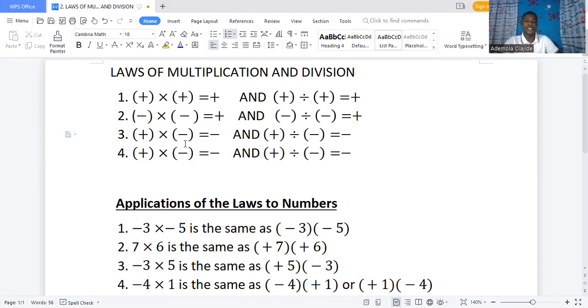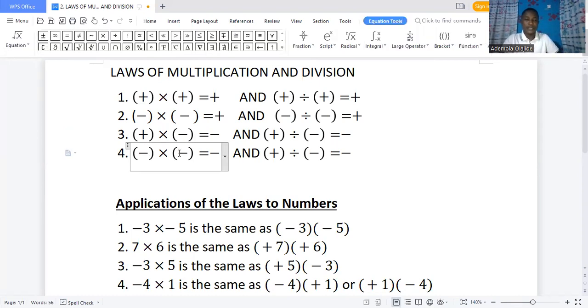Plus times minus is minus. And plus divided by minus is also minus. Similarly, if you say minus times plus, minus times plus will give us a minus.